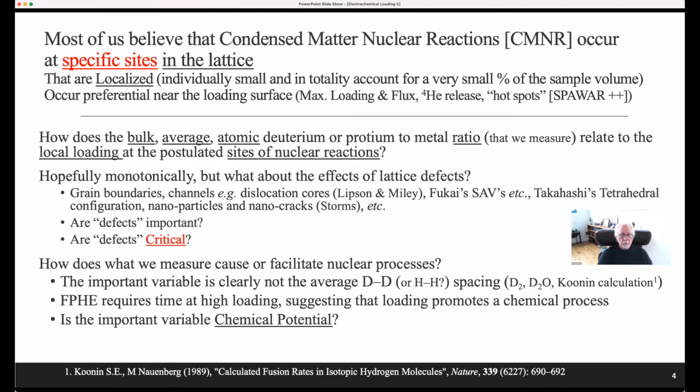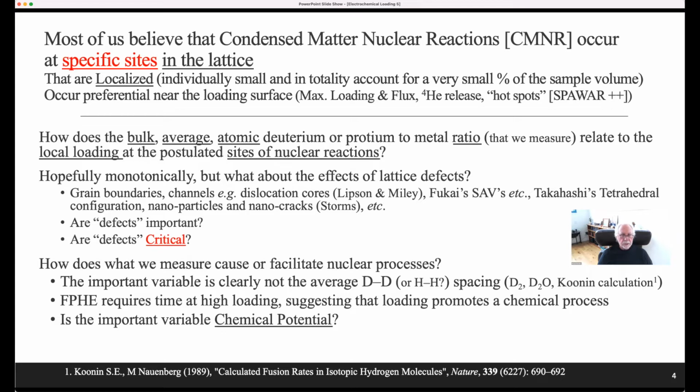The important variable is clearly not the average DD or HH spacing. Kuhnen circulated a calculation which was largely irrelevant and wildly inaccurate, it turned out, but it's just contemplating D2 or D2O.